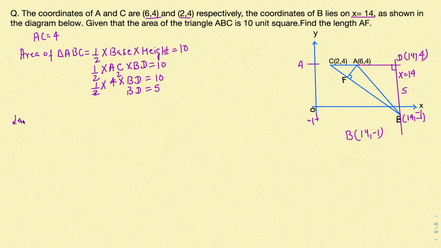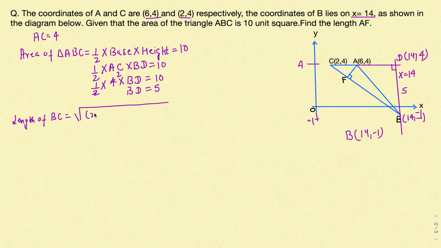So the length of BC will be equal to the square root of... what's the length of a line whose two points' coordinates are given?